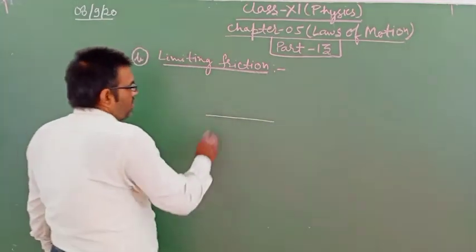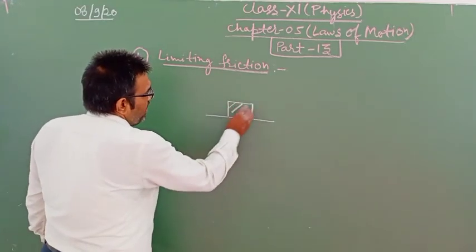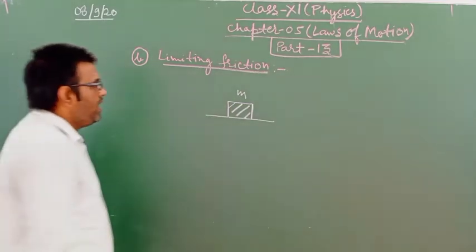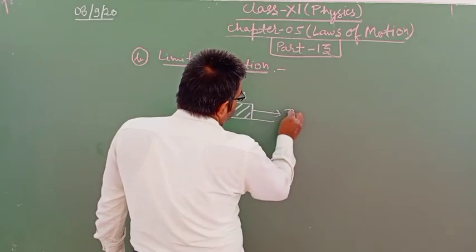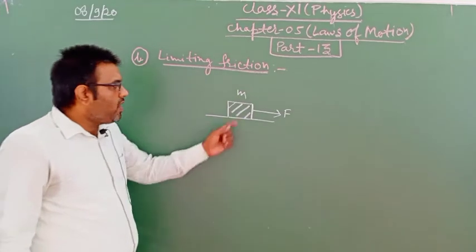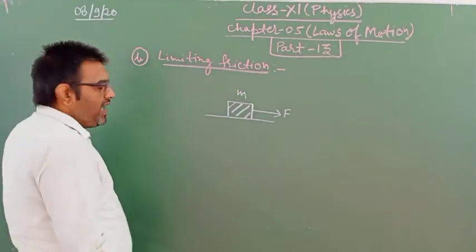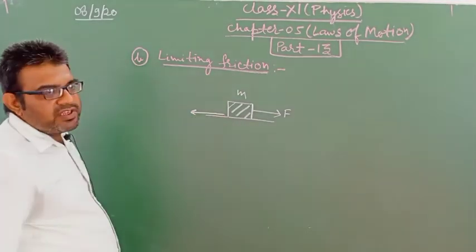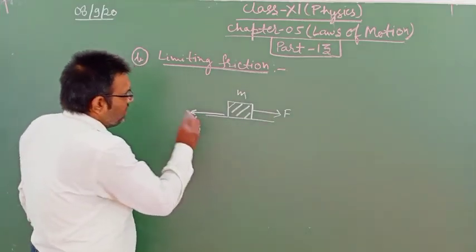Suppose this is the rough surface, and a block of mass m is placed over this rough surface, and a force is applied. As we have applied the force F on this block of mass m, then as per the previous discussion, a force of friction is automatically generated, that is called static friction.